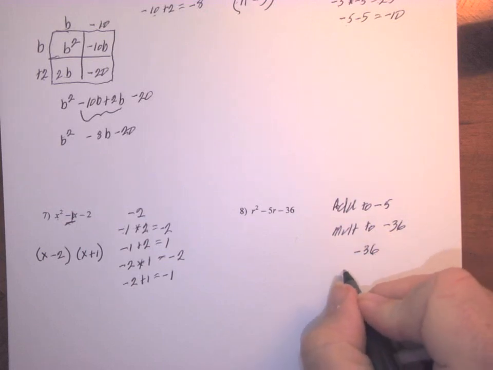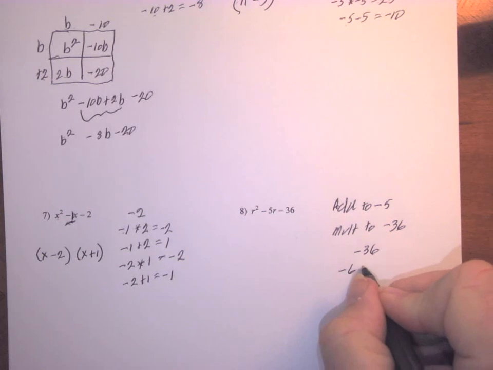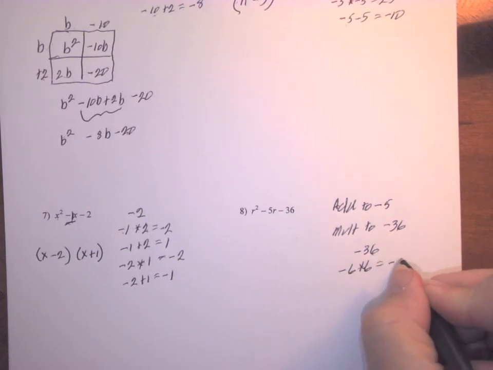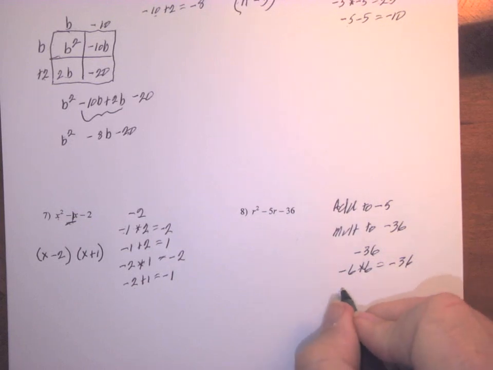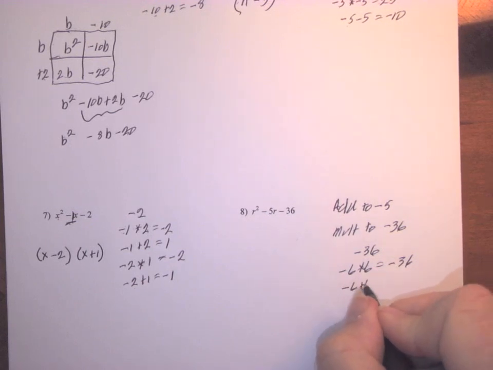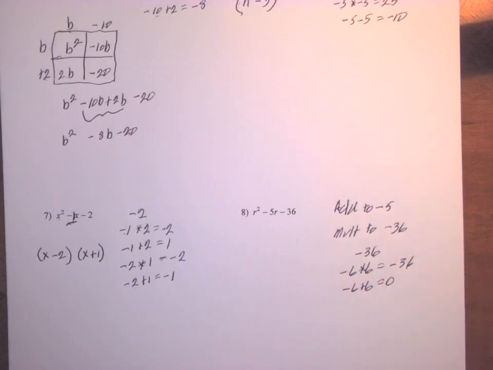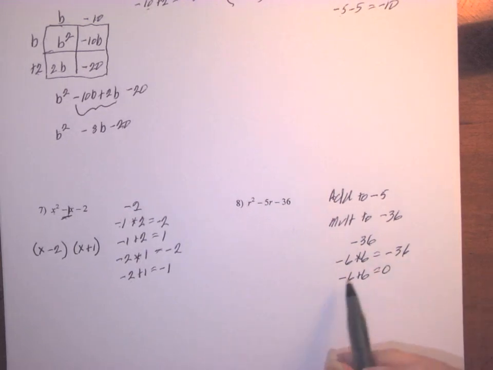We can have negative 6 times 6 is equal to negative 36. But negative 6 plus 6 is equal to 0. So that doesn't do us any good. And even if we were to switch them around, it wouldn't do any good. So what we got to look at now is another one.